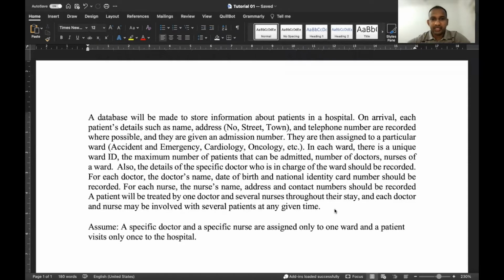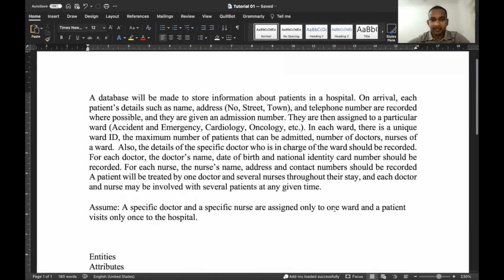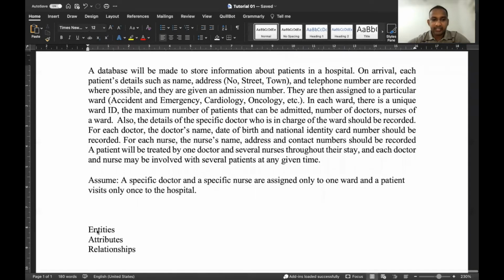Before drawing the ER diagram of this scenario, you must identify the entities, attributes, and the relationships separately. Okay, first of all, we go to the entities. What is meant by an entity?